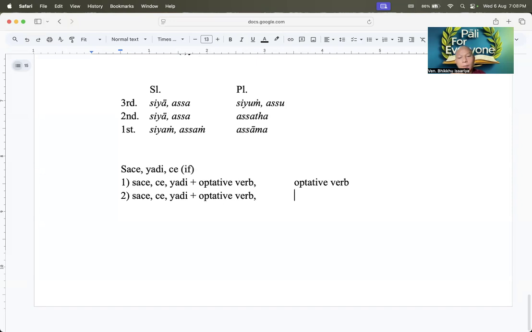And then the next line will be with the present verb, saji, ji or yeti, and then optative verb. And then the future verb. So in this way, three lines can be.